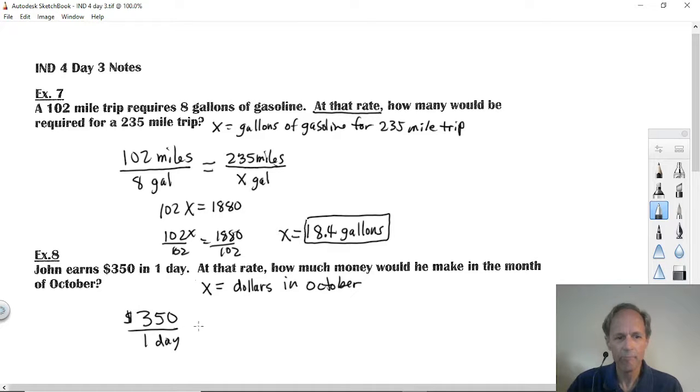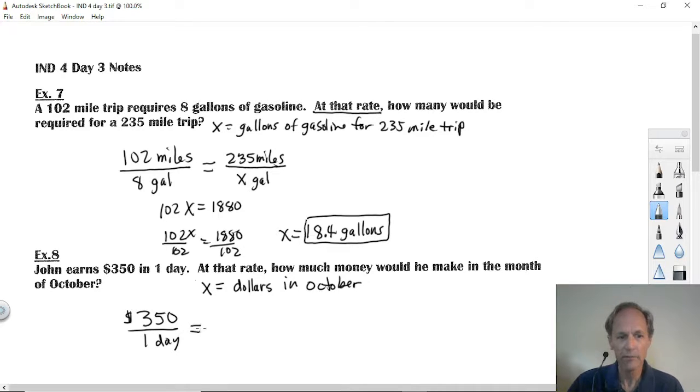Okay, and don't fret about which one you put on top. You could put one day over $350. Okay, as long as you did your other fraction the same way. So I think of this as dollars per day. So put the dollars on top is the way I did it.